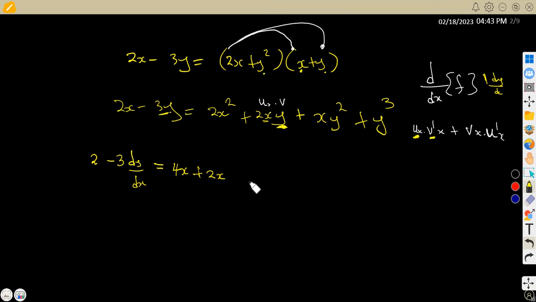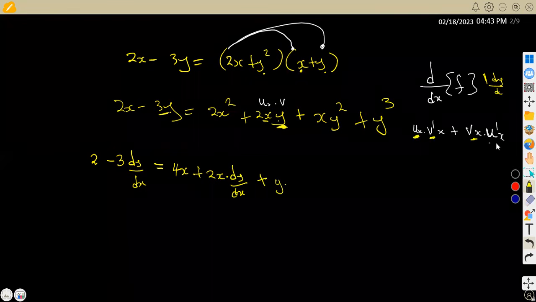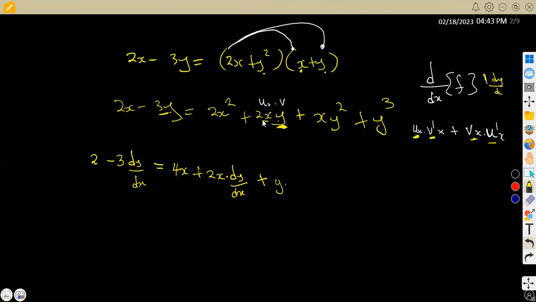So the first derivative, we got dy/dx, we are going to multiply, okay? Plus v', so we are going to add plus our function for v, which is y, times the first derivative of u, which is the derivative of 2x with respect to x, it's a 2. So this is y times 2, okay?